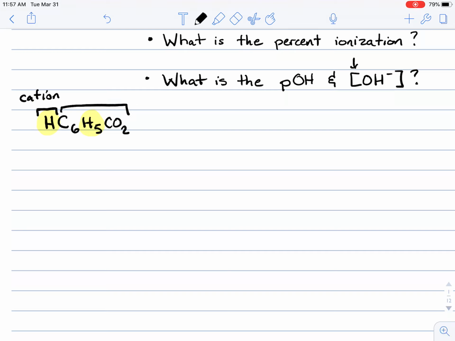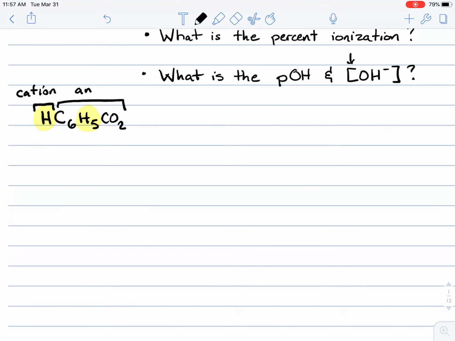And anything else after the cation is going to be the anion. And so in this case, since this hydrogen is our cation, that's going to be our ionizable hydrogen.